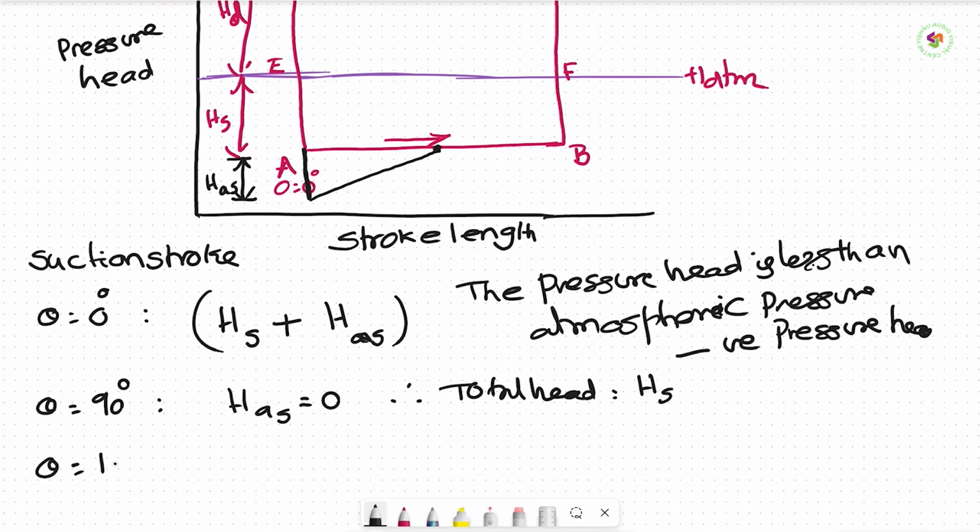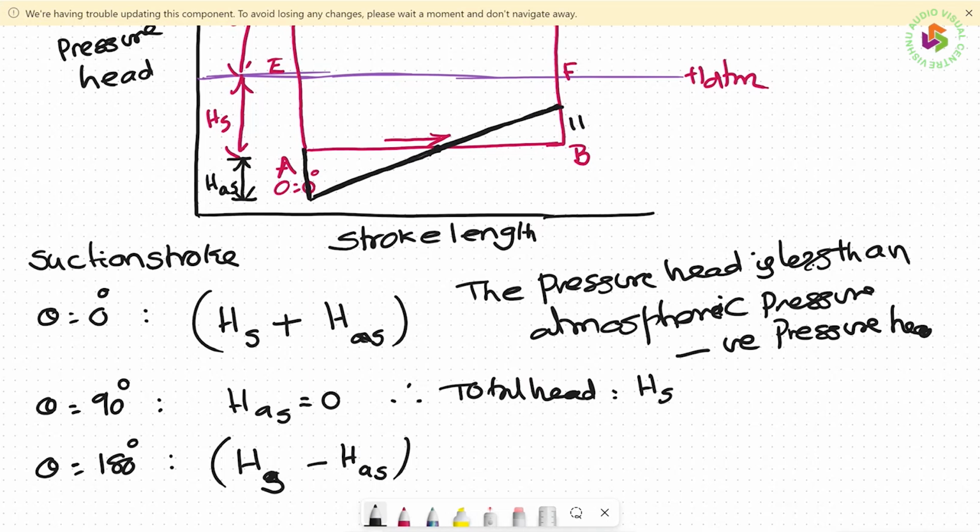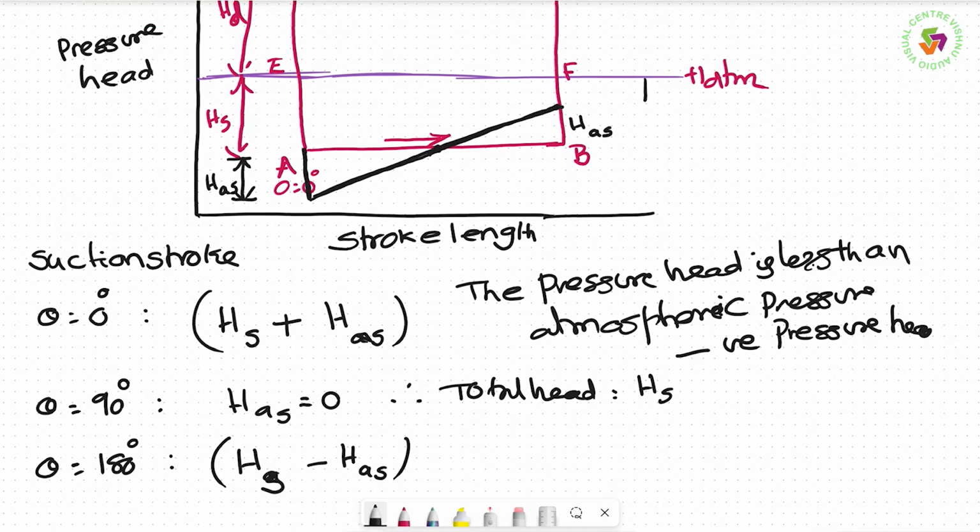But when theta is equal to 180 degrees, as HAS is negative, the total head is HS minus HAS. So then how does it look? This is HAS, and this total is HS minus HAS. Now you see, instead of AB, this line has changed to A dash B dash.